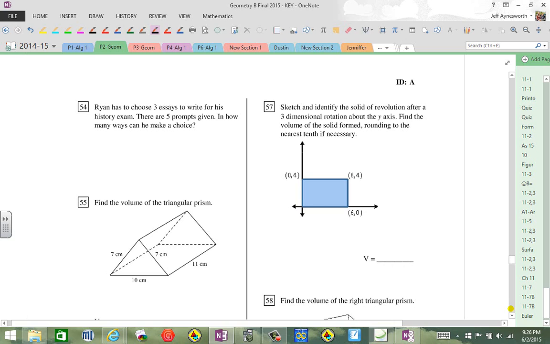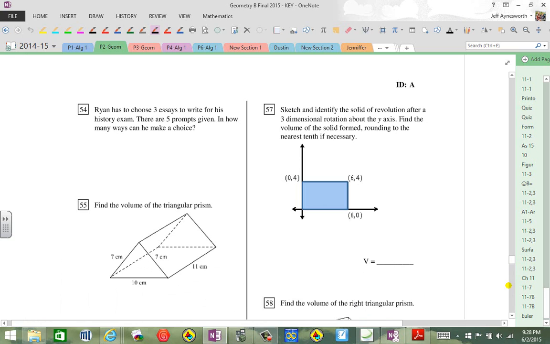Well, let's do it this way. Let's use the counting principle. So he has 3 essays to write for his history exam. There are 5 prompts given. Okay, so there are 5 prompts given, and he's got to choose 3 to write out of the 5.